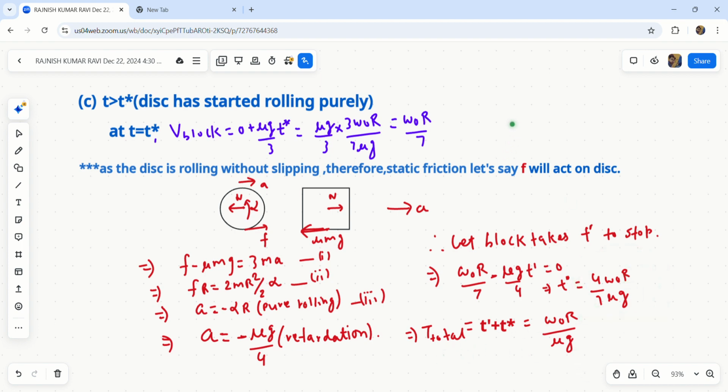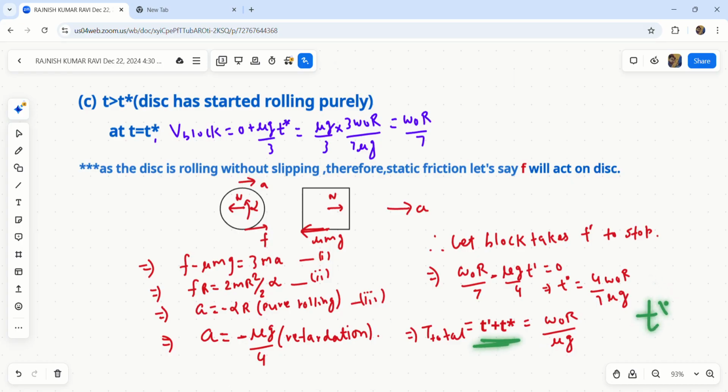So the total time that the block will take to come to rest will be t dash plus t star, as t star is the time in which the disk has started rolling purely, and it takes t dash more time to come to rest after the disk has started pure rolling. So this will be the total time.